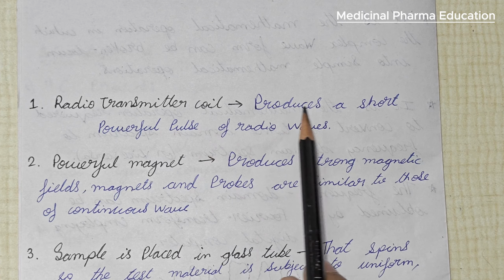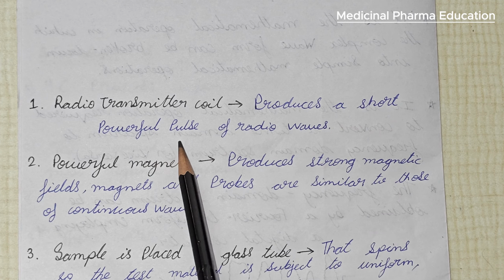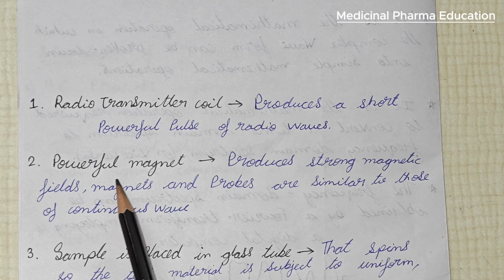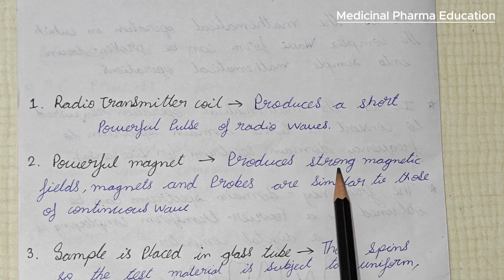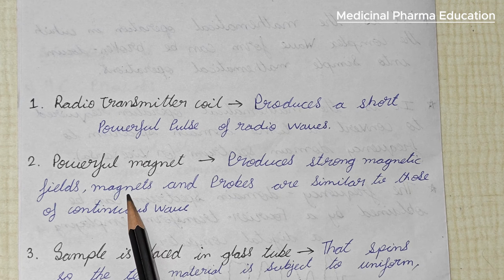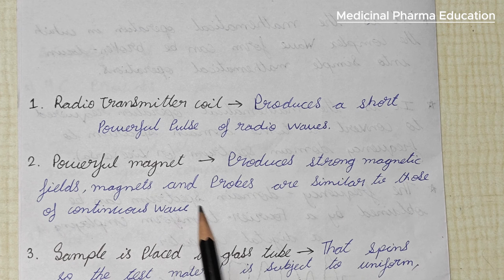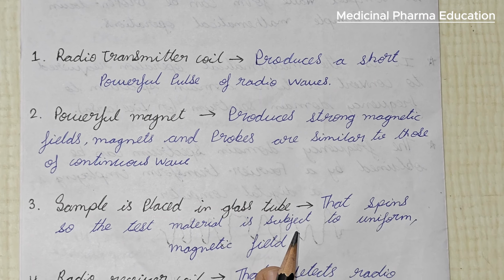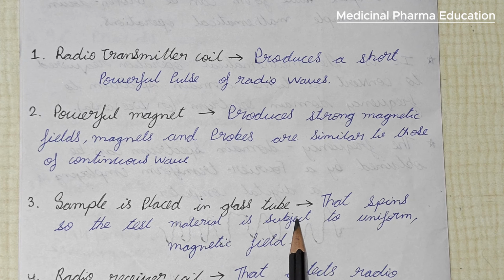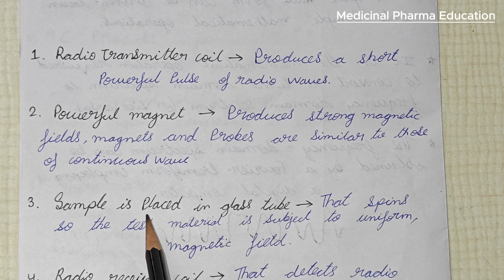The radio frequency coil produces a short powerful pulse of radio waves. The powerful magnet, as I already said, produces a strong magnetic field. The magnet and probe are similar to those of continuous wave NMR. Next, the sample is placed in a glass tube that spins so the test material is subjected to a uniform magnetic field.